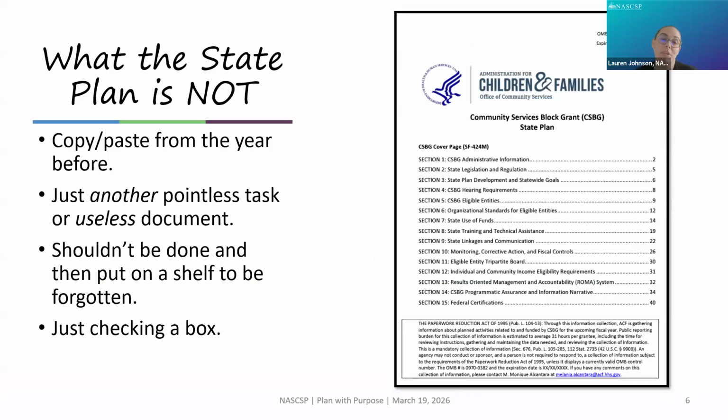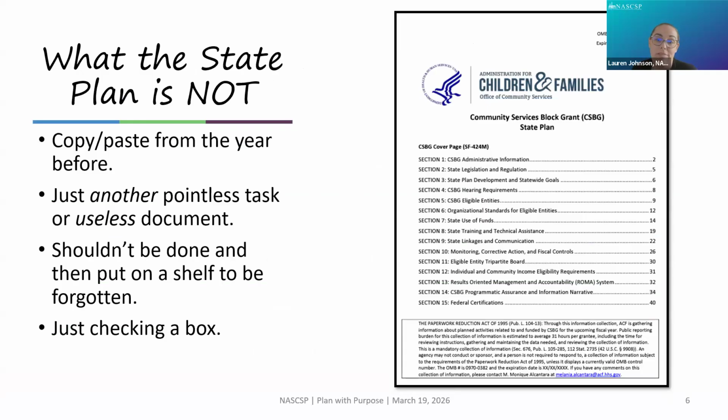So, some things that your state plan is not. It's not just a copy paste. Some sections you might copy and paste a little bit more, but more often than not, it's not supposed to be a copy and paste deal. Some sections may change very little over the course of 1 to 2 years.